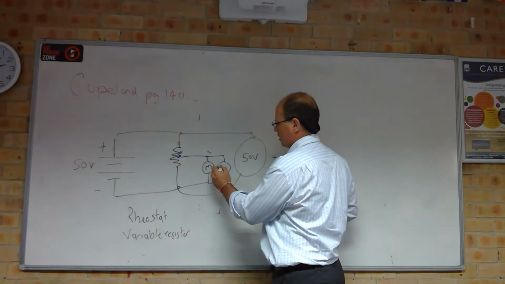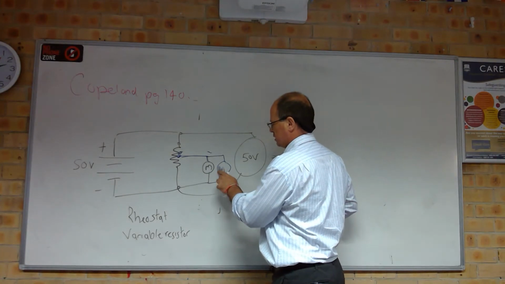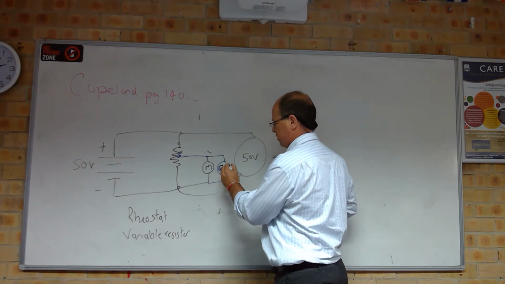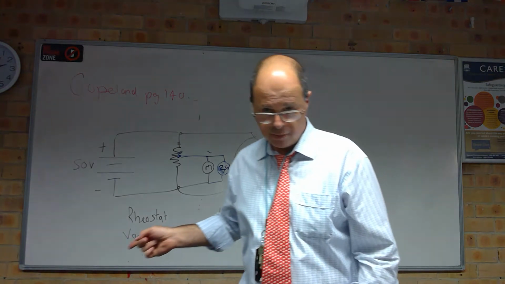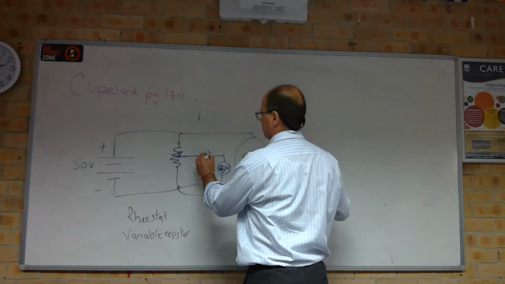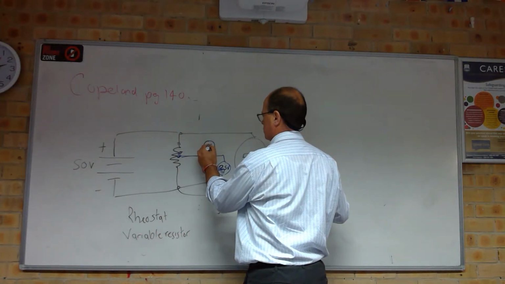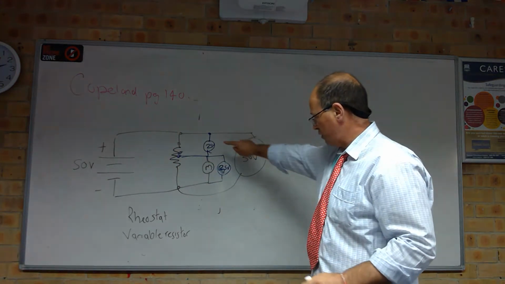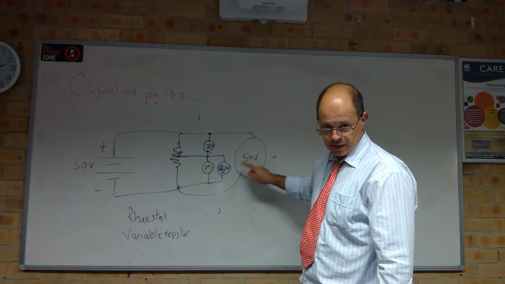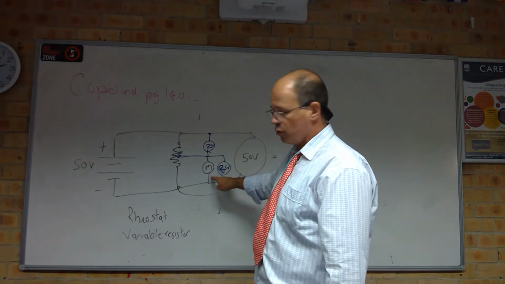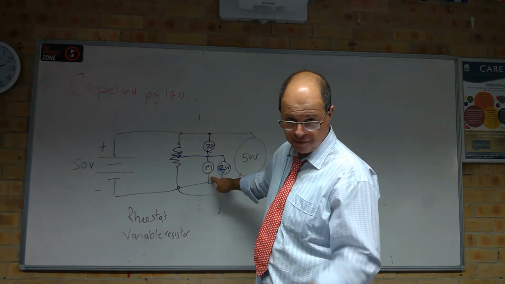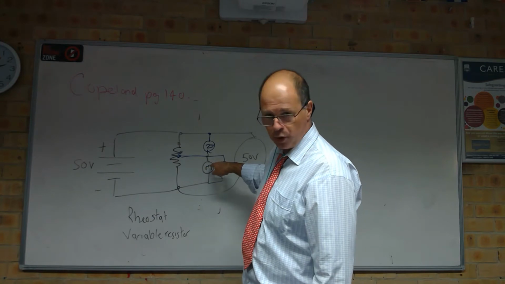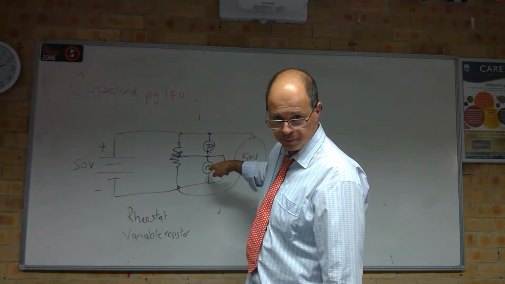So we would end up with a voltage of 25 volts across the motor. And the other 25 volts would be across the other half of the resistor, because 25 plus 25 is equal to 50. So the motor would be receiving half of the voltage. So if this was a light bulb, it would be half as dim.